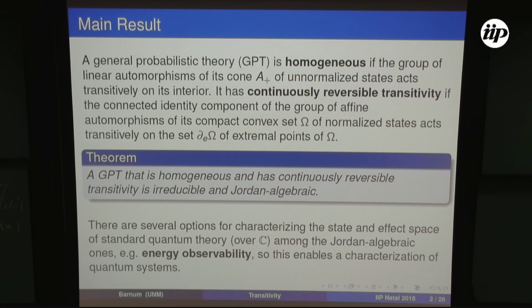And then there's also a description of the structure of the cone. Once you ask whether there is continuously reversible transitivity on the extremal points, because you have some description of the extremal points, you can look at how that goes with this description of the automorphism group, and you can see the answer is no. If I have time, I'll go into the mathematics of that a little bit, although it's pretty technical, so I don't want to go too deeply into it.